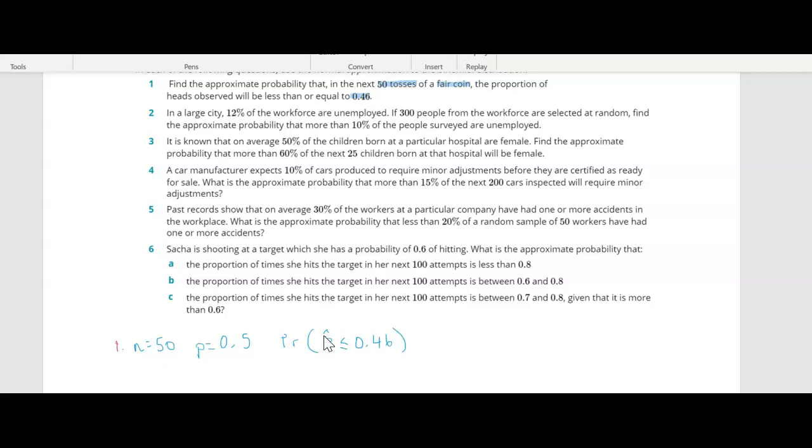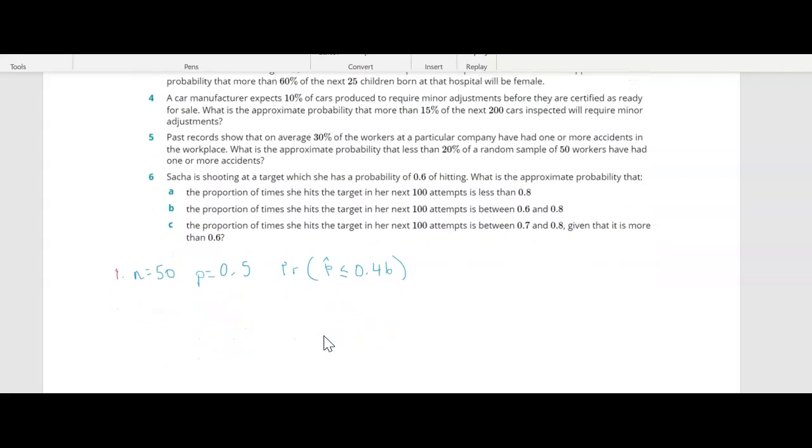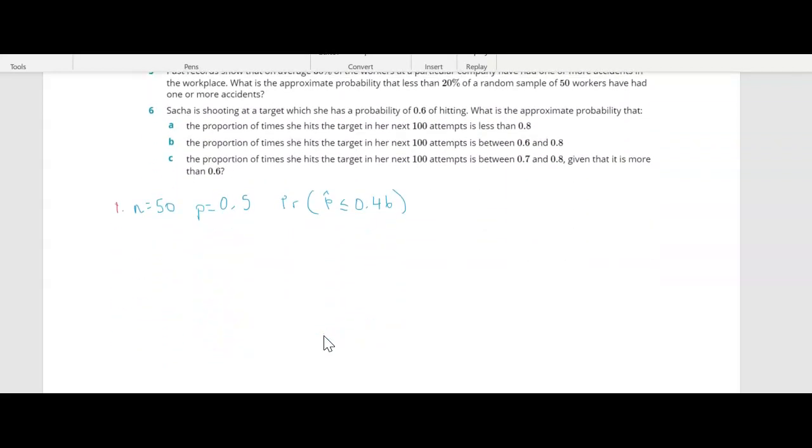All right, so what we need to do before we use the normal distribution is calculate the mean. Well, we know the mean is the same as P, so 0.5, and your standard deviation. So your standard deviation formula is the square root of P times 1 minus P over N. All right, so P is 0.5 times 0.5 divided by N, which is 50, and we can just do that on the calculator.